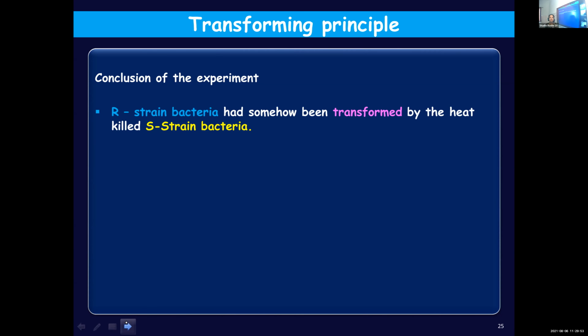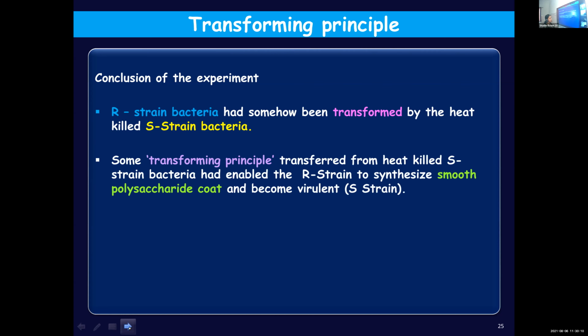So something might have happened. Something or some component from the heat killed S strain bacteria might have transformed the R strain bacteria and made it develop that mucus coat and transform into S strain. Some transforming principle, they did not know what it actually was.